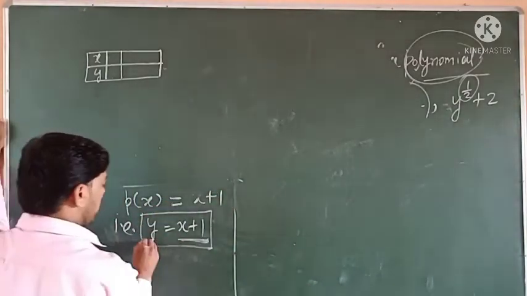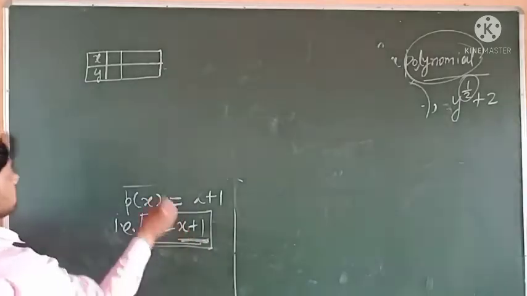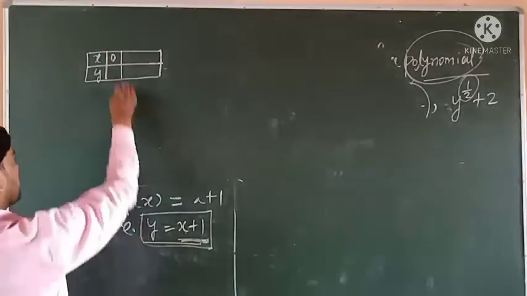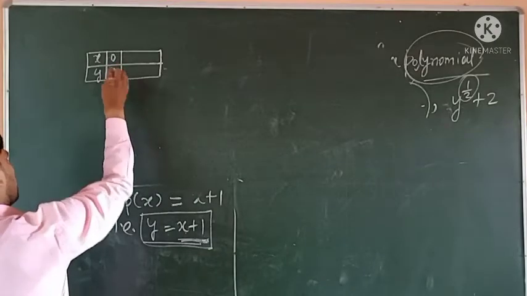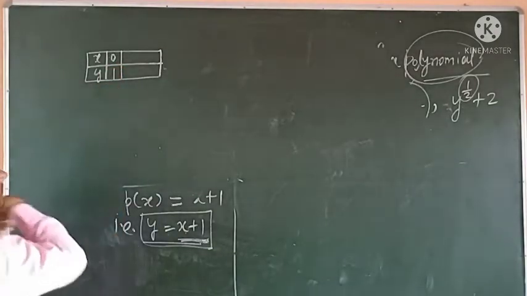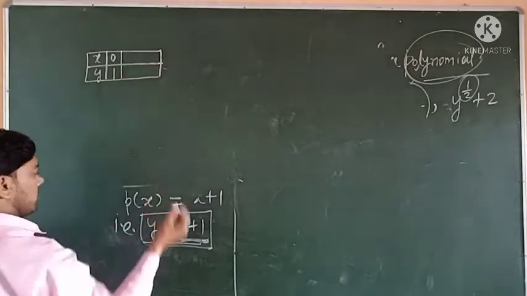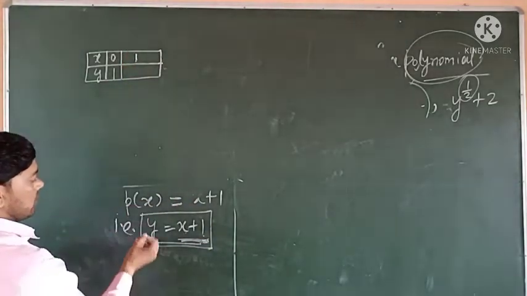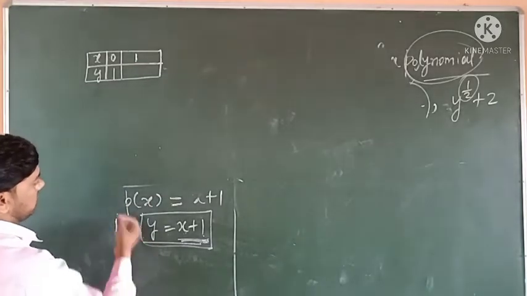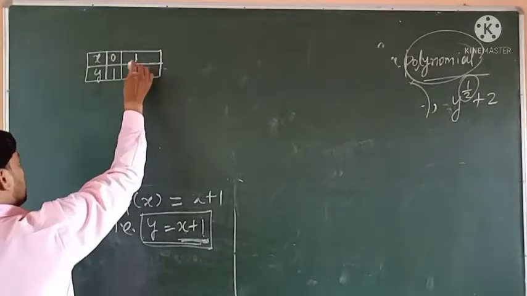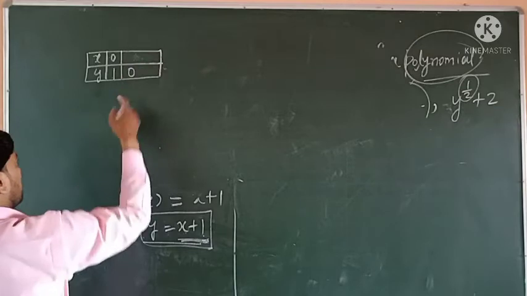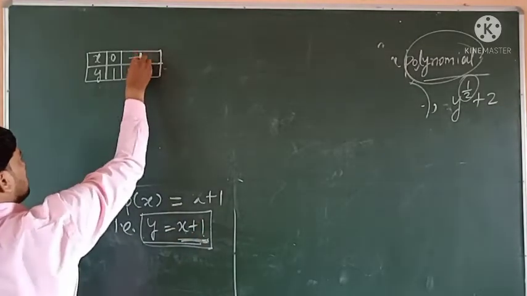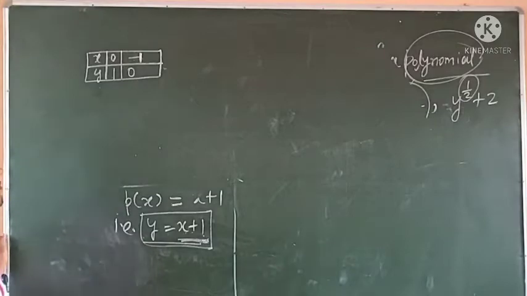y is equal to x plus 1. If x is equal to 0, then y is equal to 1. If y is equal to 0, then x is equal to minus 1.